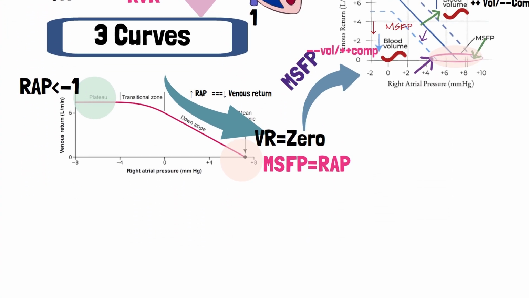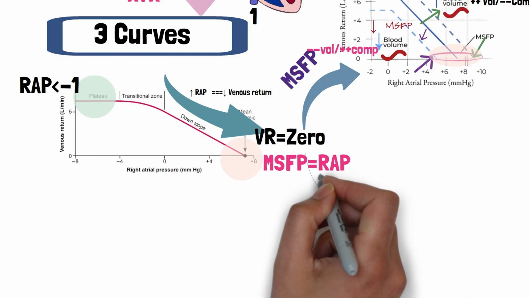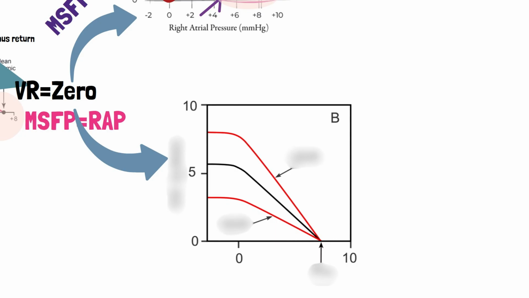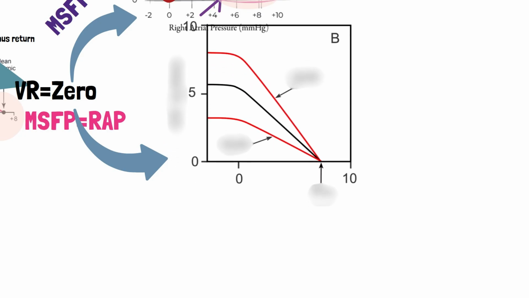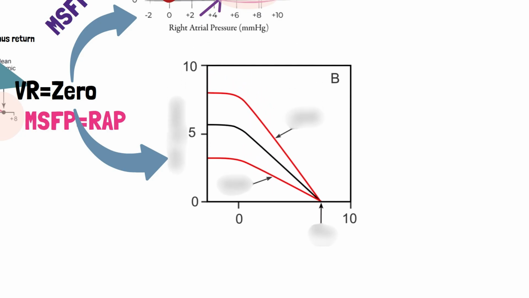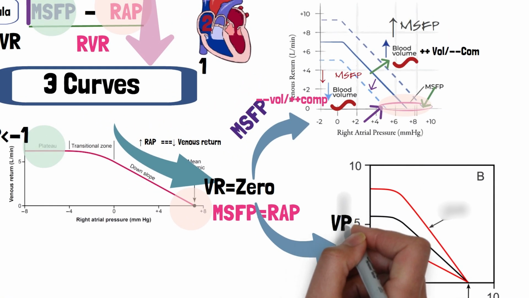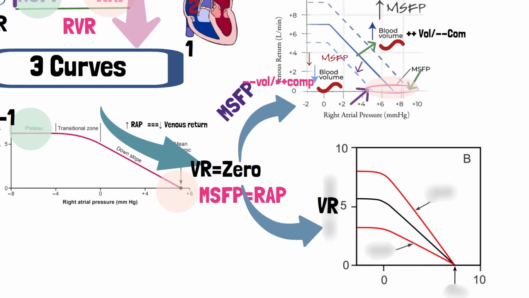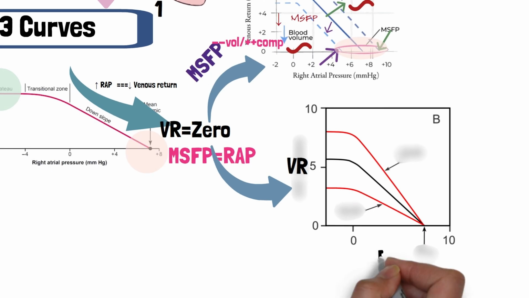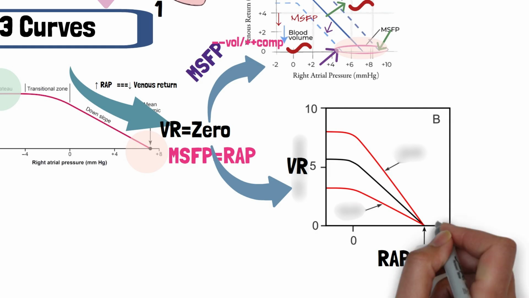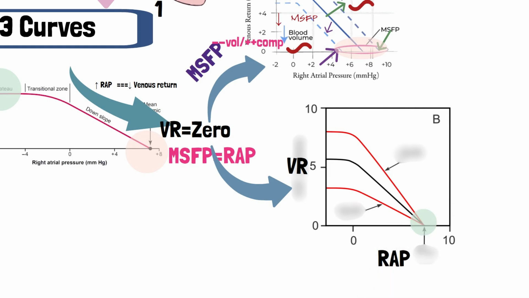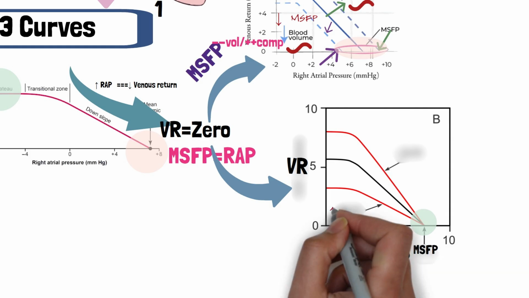What about the resistance to the venous return? Also, we are going to use the original curves, and here we are going to keep the right atrial and the mean systemic pressures. Look, the intercept point does not move, and here it is important to differentiate whether the change in the curves is due to the mean systemic pressure or the resistance. Only the slope of the curve changes, so if the resistance increases, the slope will decrease.